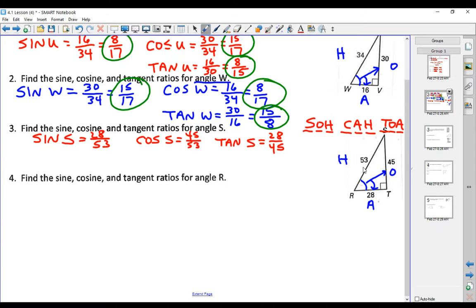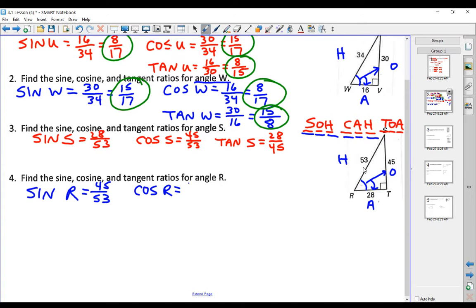Now, if I want to find the sine of angle R, the sine is the opposite over the hypotenuse. So that's going to be 45 over 53. That will not reduce. The cosine of angle R is the adjacent over the hypotenuse.